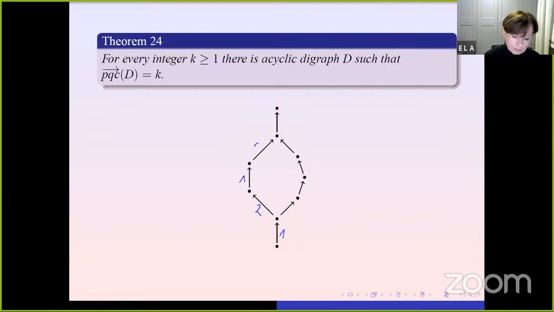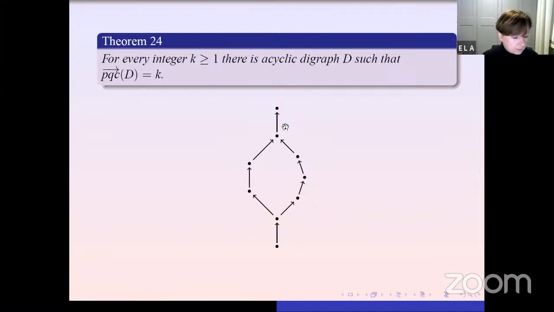And this arc must be colored with 2, because again, this is the only path. And here we can color 1, 2, 1, 2, and here must be put 1. So this arc must be colored with 3. So we are not able to color this digraph with 2 colors. We must use 3 colors.